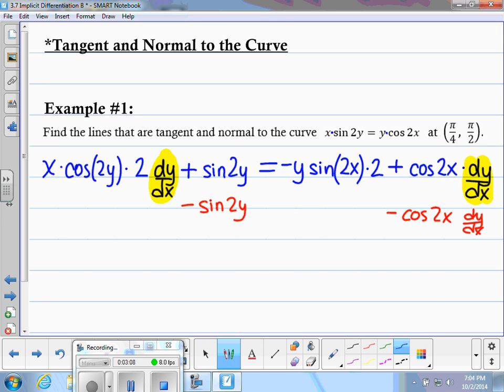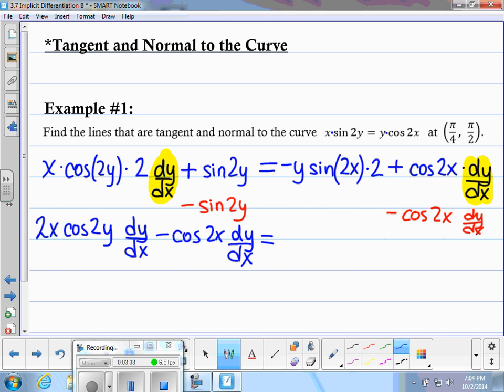Okay, so let me write down everything, and let me clean up the numbers. For example, that x and the 2, I can write those in the front, 2x cosine 2y, right? And then they are being multiplied by dy dx. Now I moved over negative cosine 2x dy dx.